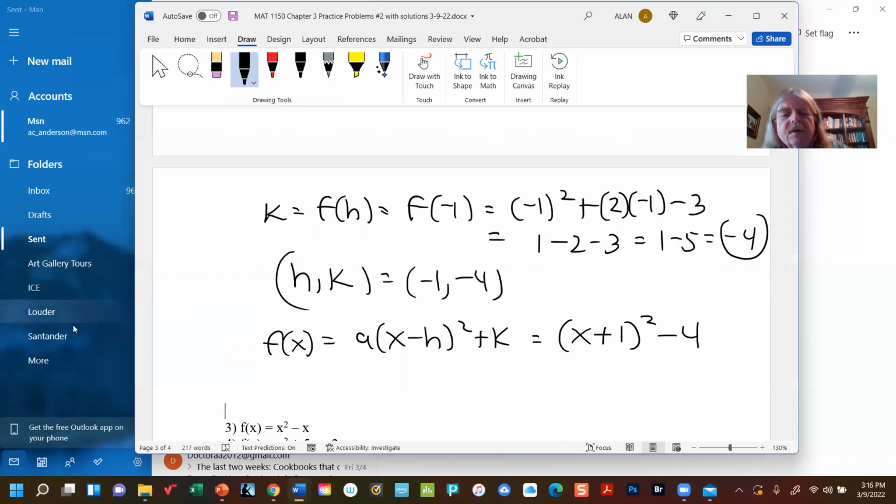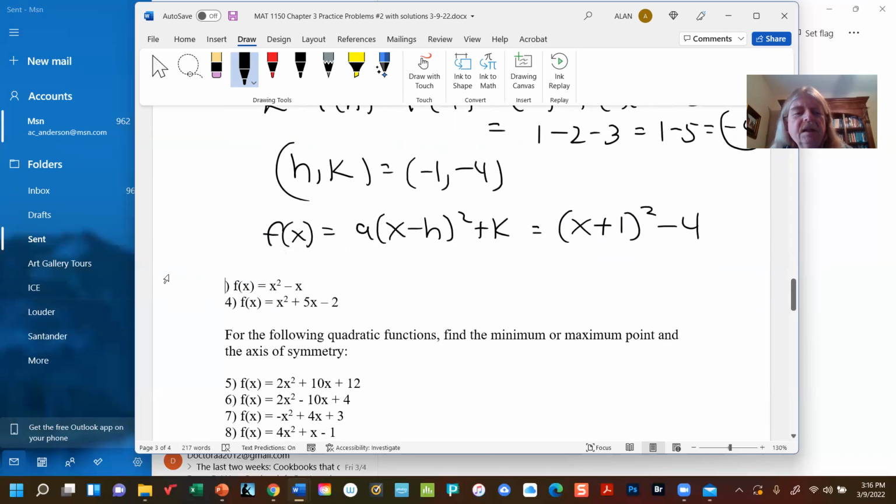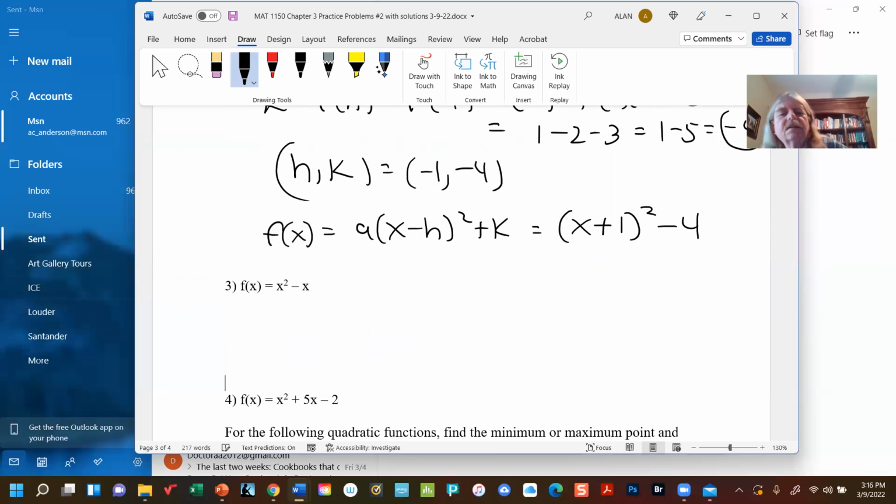So it's really a question of being very careful with the negatives. Now this one is a little unusual because the constant is 0. It's not that unusual, but just keep in mind that a is 1, b is negative 1, and c is 0.